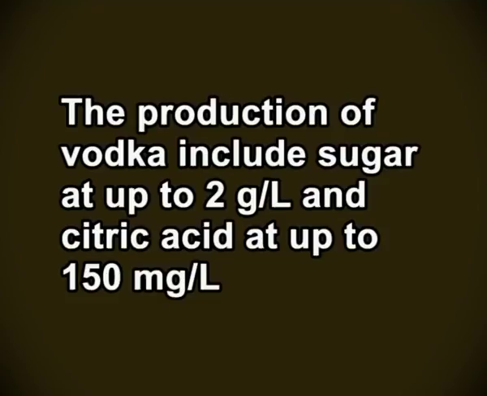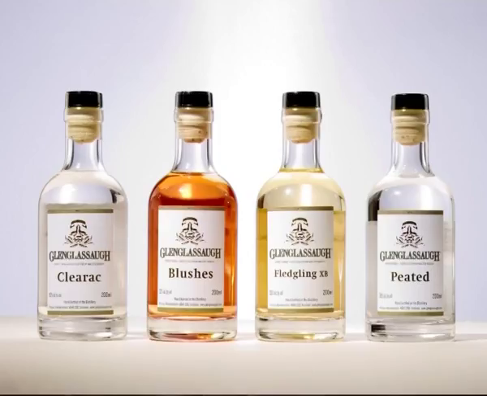Materials added in the production of vodka include sugar at up to 2 gram per liter and citric acid at up to 150 mg per liter. Some vodkas have glycerol or propylene glycol added to enhance the mouthfeel.